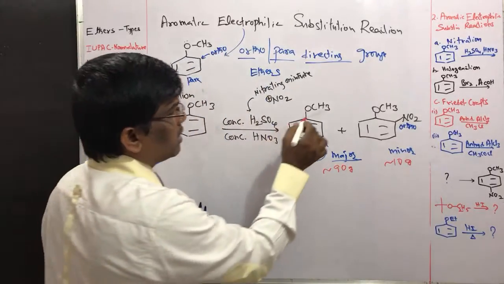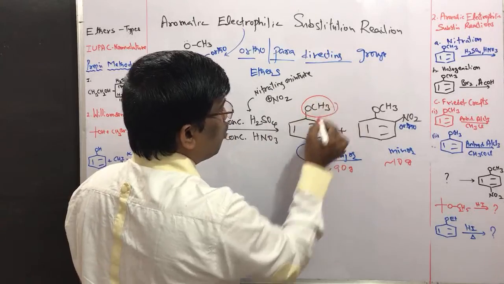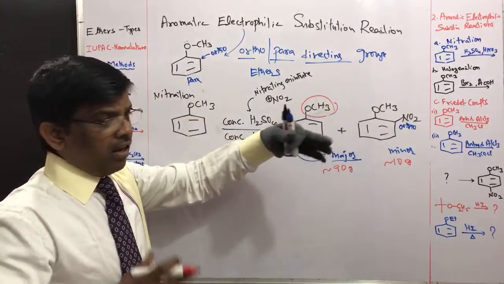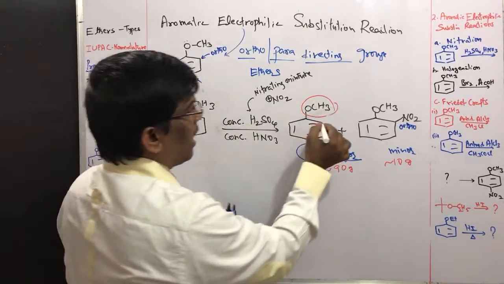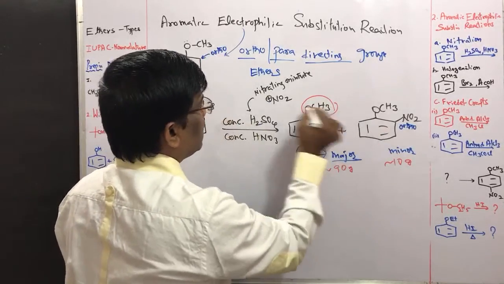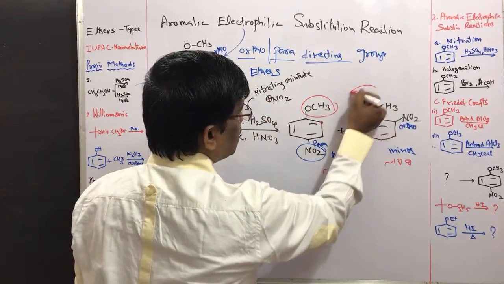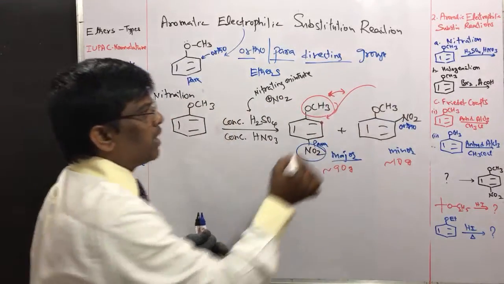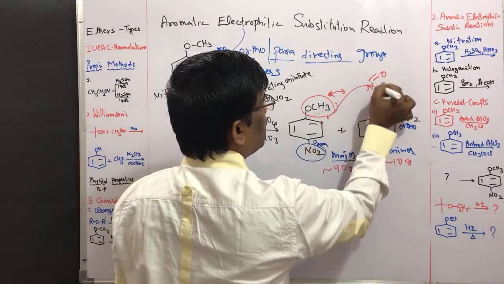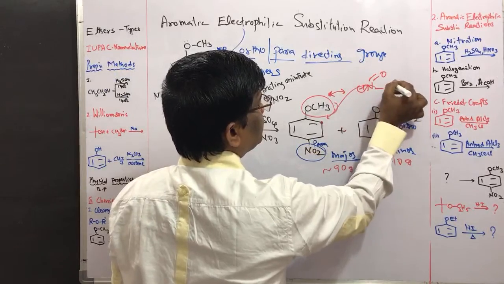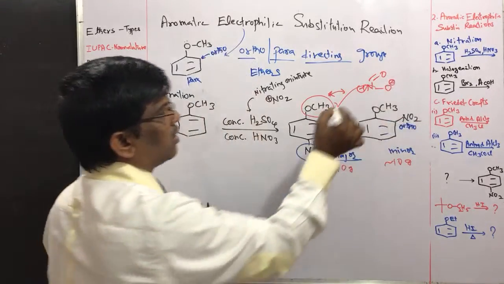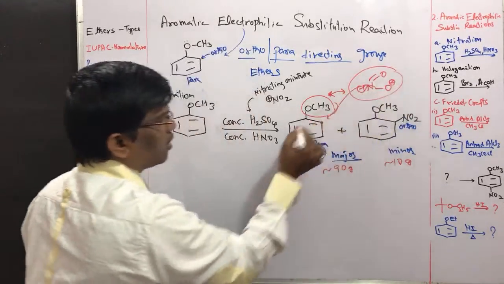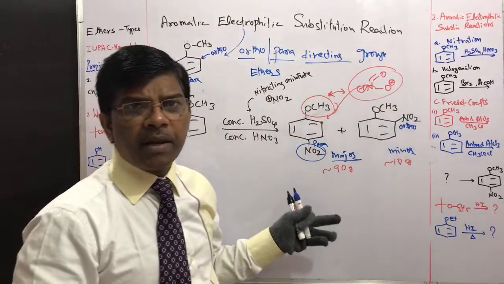Why? Because this group is already bulky, and for the electrophile to enter at this position, it repels. The incoming nitro group is also a very big group, right? This big group entering at the ortho position is not going to take place that easily.